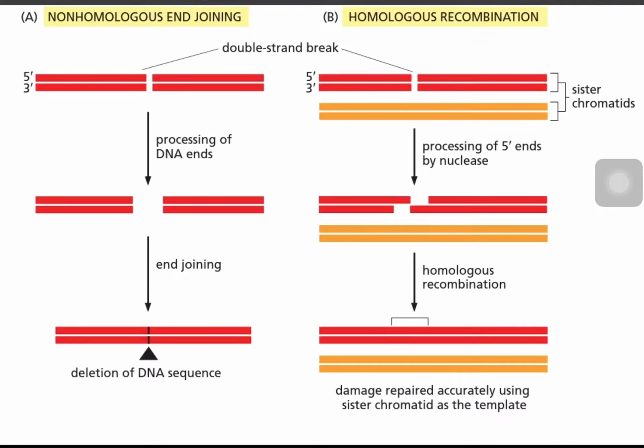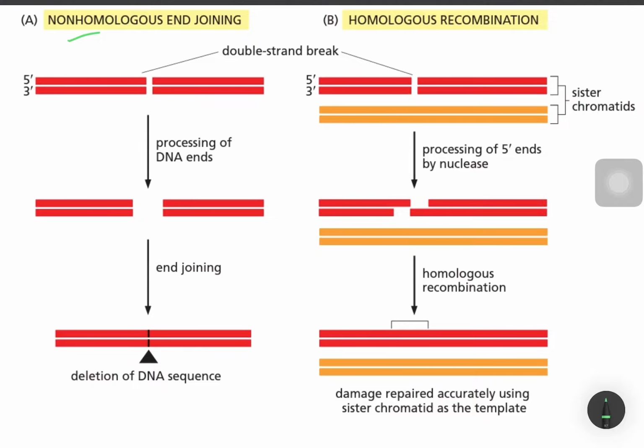So this is for differentiation. One is non-homologous end joining and one is homologous recombination. Both have a double stranded break. But in non-homologous end joining, there will be processing. How is it going to process?